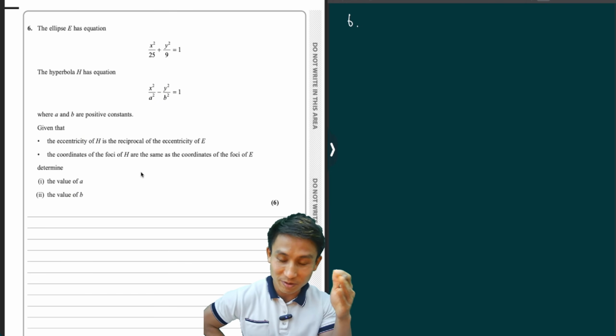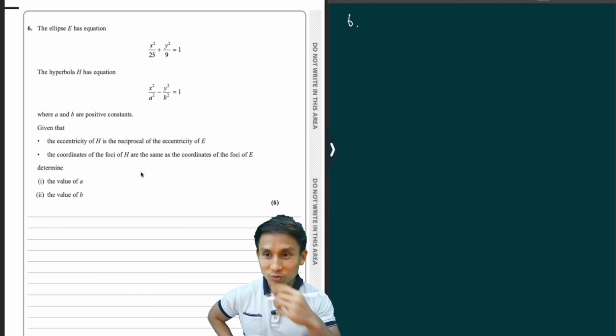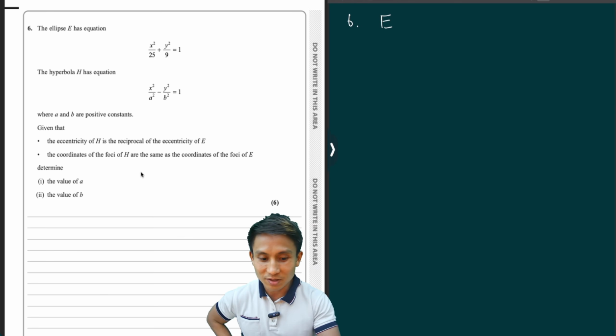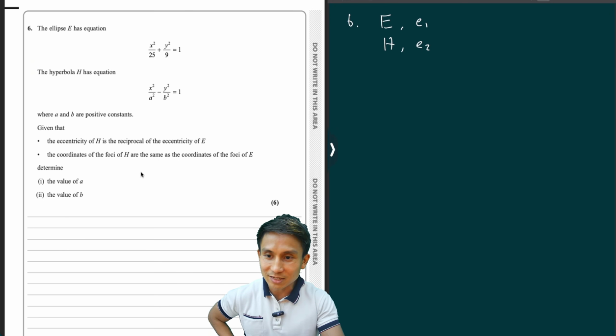In this case, we put the ellipse as E1 and the hyperbola as E2, and the eccentricity of H, which is E2, is the reciprocal of E1.